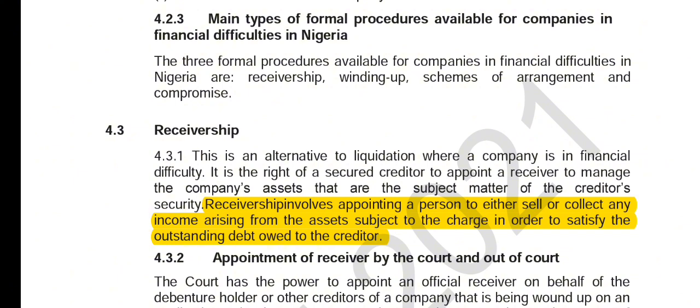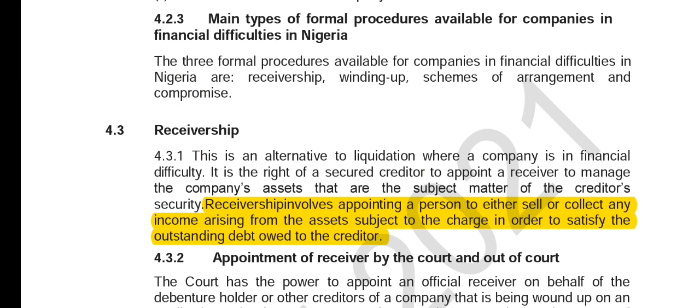And there's a place I highlighted. Receivership involves appointing a person to either sell or collect any income arising from the asset subject to the charge in order to satisfy the outstanding debt owed to the creditor. So more or less, it's that moment when they want to liquidate some of their assets to settle debts.